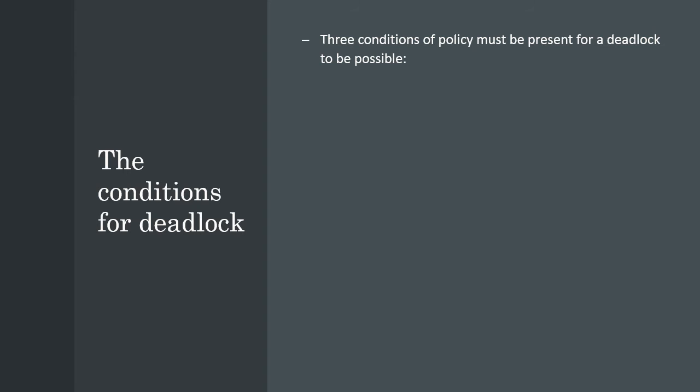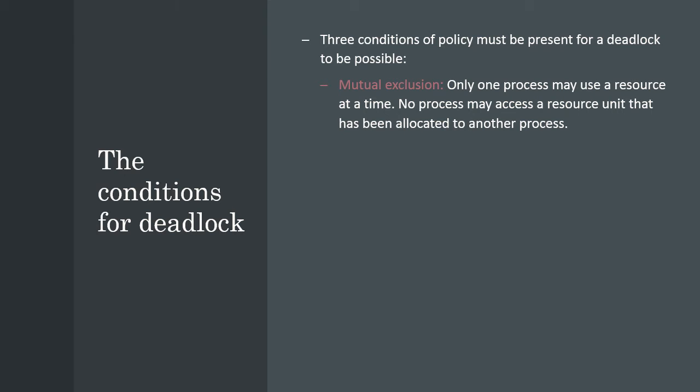The conditions for deadlock. Three conditions of policy must be present for a deadlock to be possible. Mutual exclusion. Only one process may use a resource at a time. No process may access a resource unit that has been allocated to another process. What does this mean?